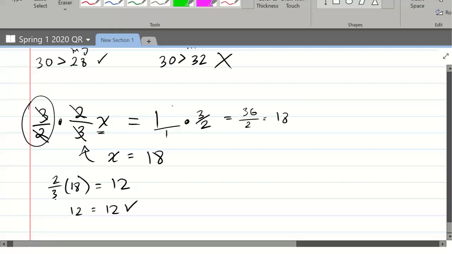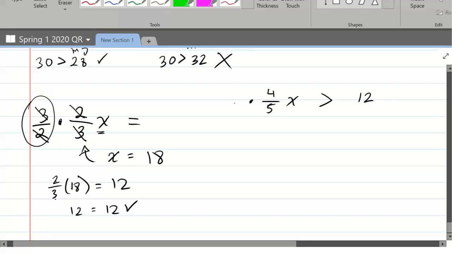Same thing if this was an inequality, right? So I'm going to erase this. Same thing if it was an inequality. Let's say we had 4/5 x is greater than 12, right? 4/5 x is greater than 12.